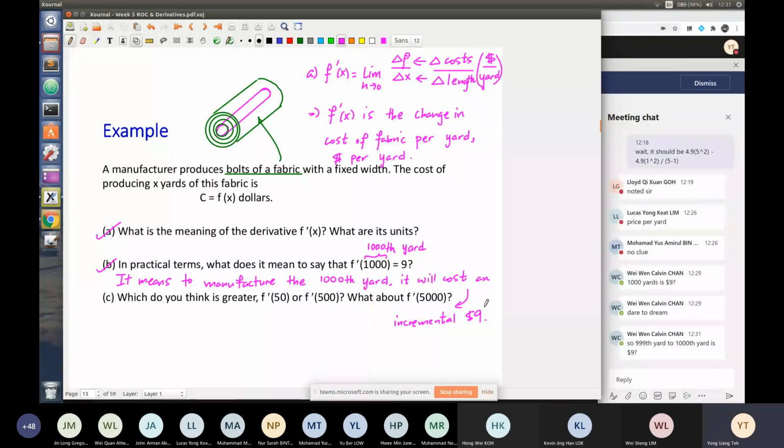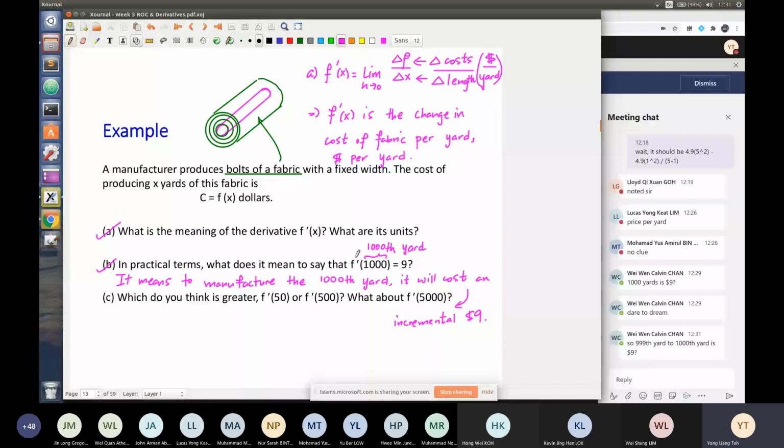Because we say f prime 1,000, it's actually an instantaneous change. So therefore, one perspective is that you can view it as, if you want to manufacture from the 1,000 to the 1,001 yard, it is approximately $9.